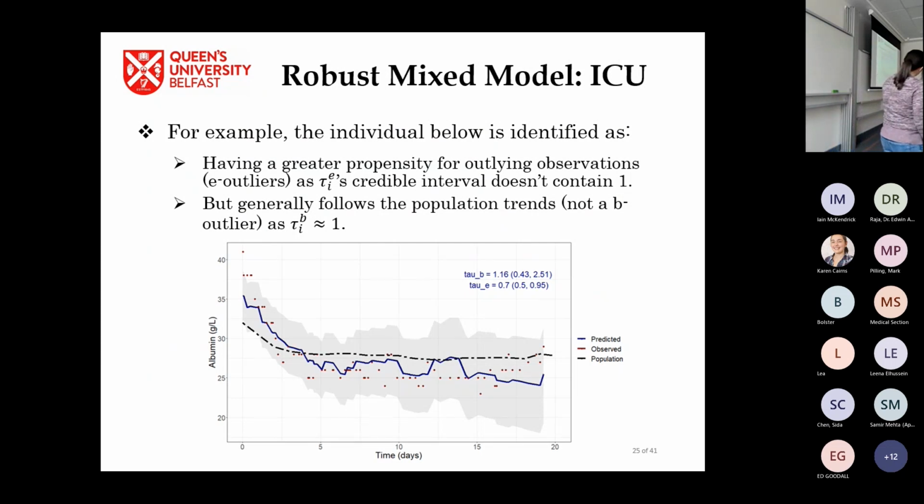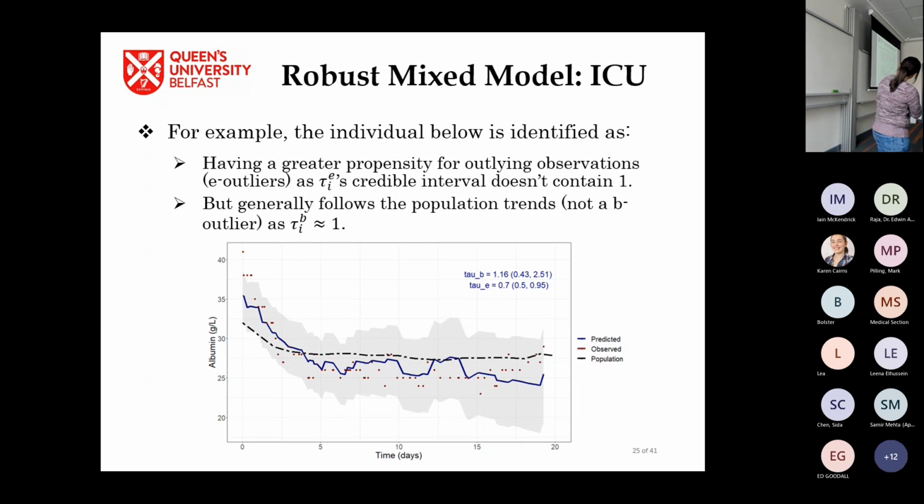So looking at one individual, for example, their tau B parameter is equal to 1.16. Their tau E is equal to 0.7. And we look at the credible intervals, whether they overlap with 1, and that will tell us whether they're a B outlier or E outlier.